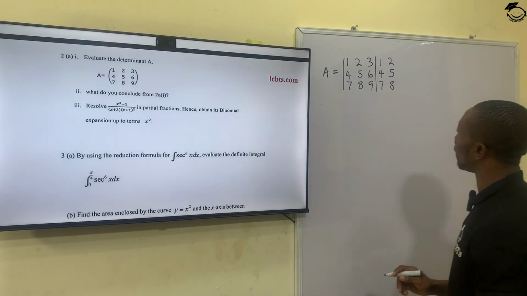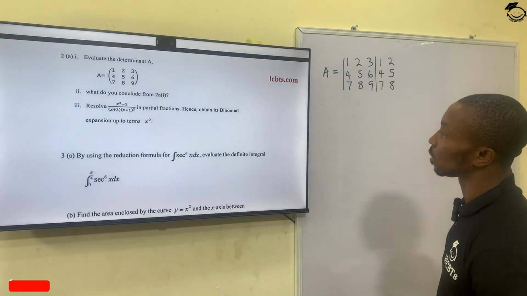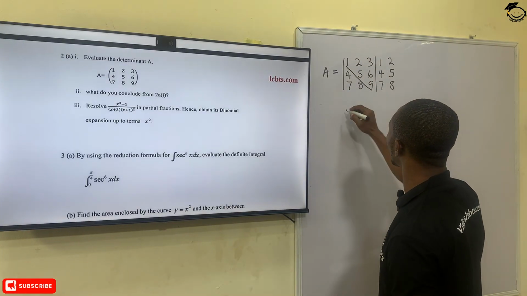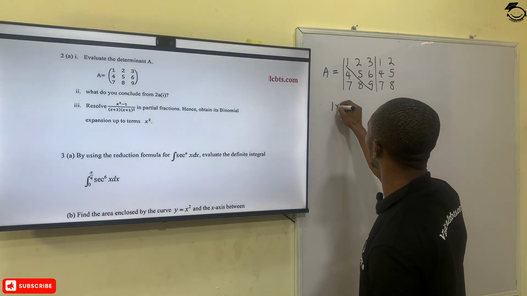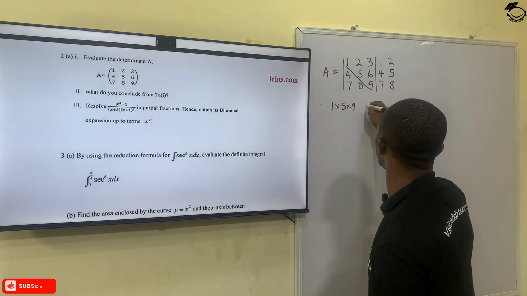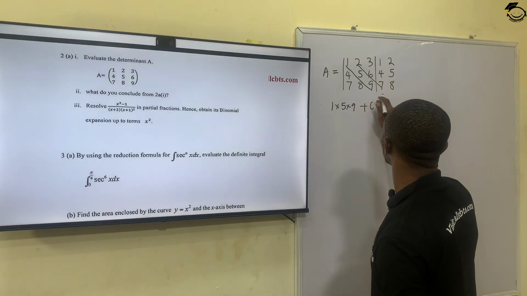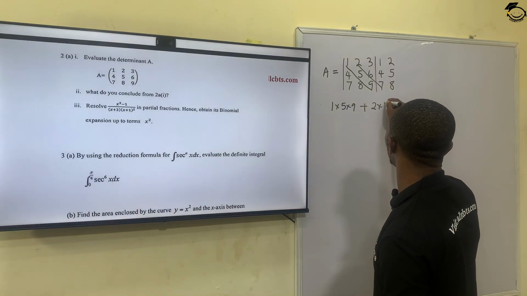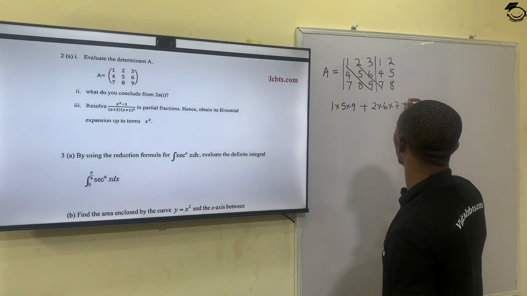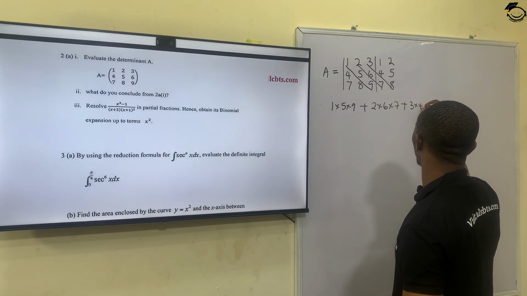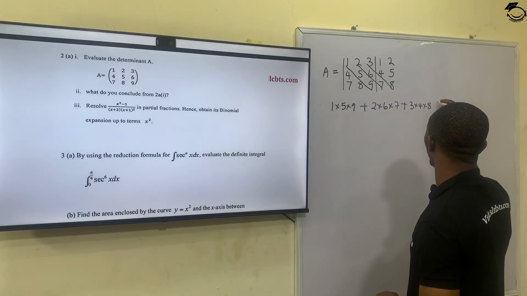Now, for it to be easy, we'll multiply this. This becomes 1 times 5 times 9 plus 2 times 6 times 7 plus 3 times 4 times 8.